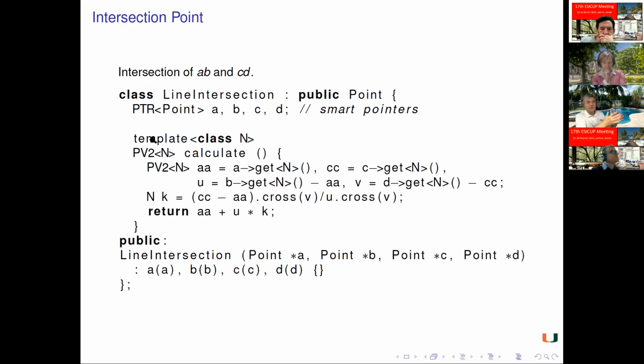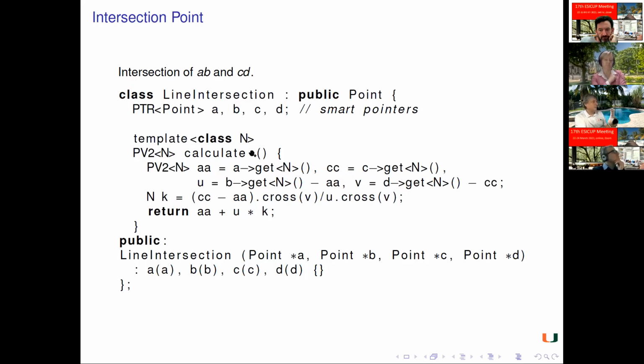It's saying, okay, we're creating a new point, so we're creating a new PV2, and whatever the number type is, you've got to create one of that number type. And then you go through and you get the PV2 of n's, the points for that number class, and you do the calculation, which I showed you in the earlier slide, basically straightforward here, if you remember that calculation, and return it. And that's what you have to do.